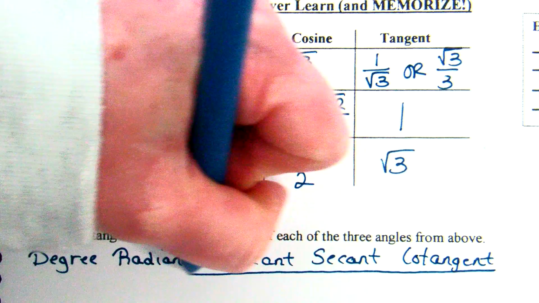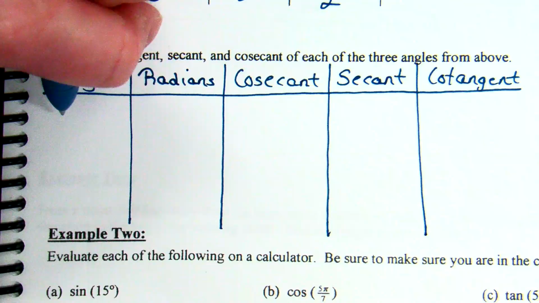So those are the columns I'm going to have on my chart. Now the angles we were asked to do, same angles as last time. 30 degrees, 45 degrees, and 60 degrees.